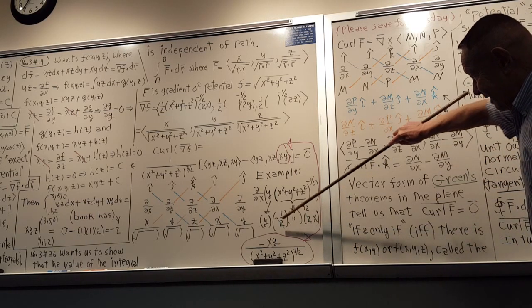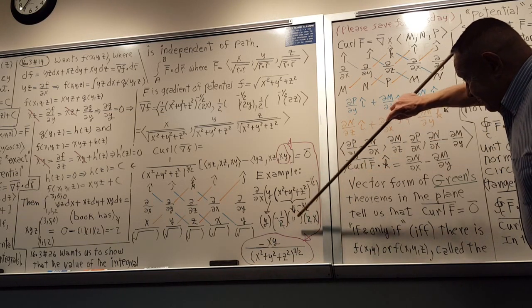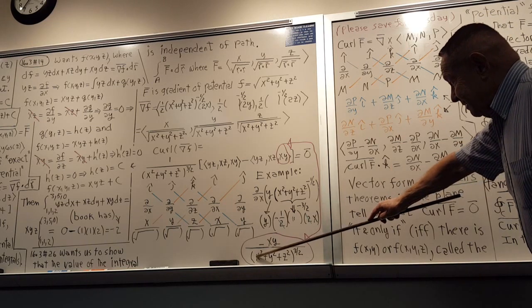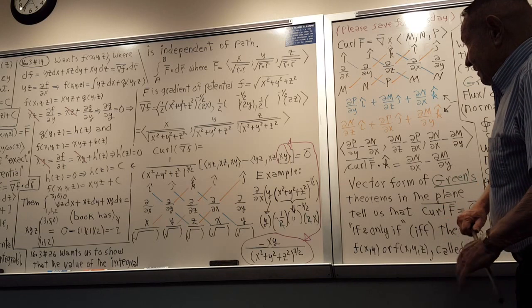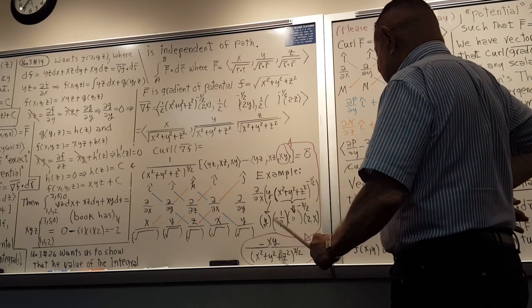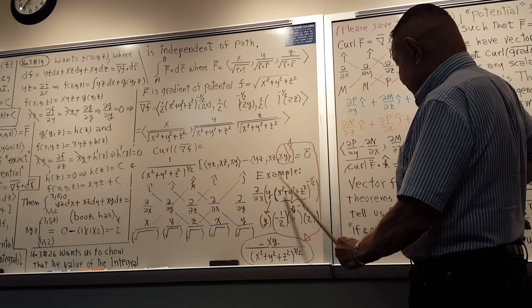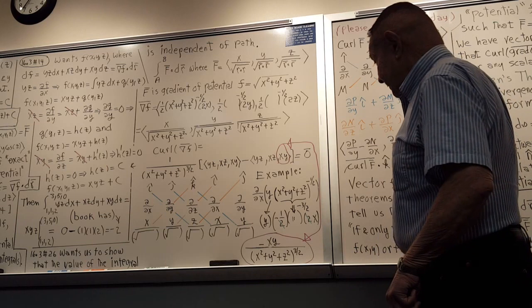And then the 2's cancel, so what you end up with is xy over the sum of squares to the 3/2. And the reason that you have the minus is your minus half power. When you bring it down in front, you still have the minus sign.